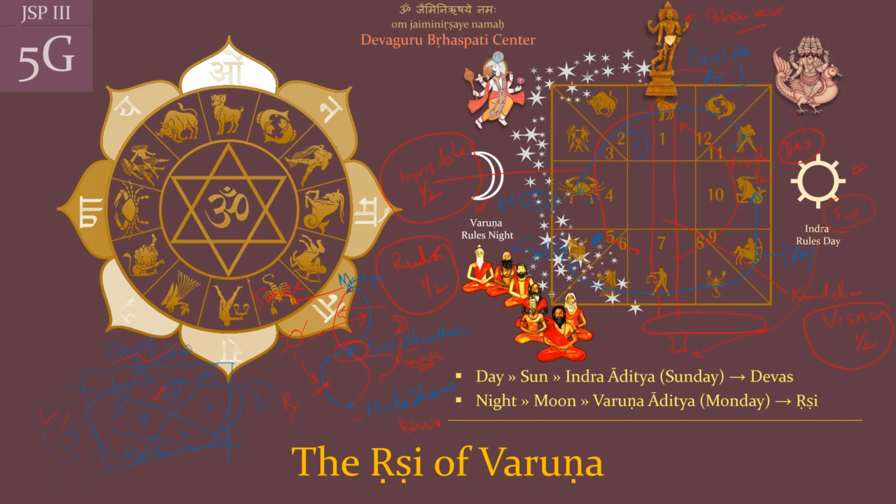And even higher than them, at Maharloka, we have the Rishi. So it is very interesting to know. At Bhuloka we have human beings, Manushya. At Bhuvaloka we have Graha. At Swargaloka we have Devatas. And at Maharloka we have the Rishi.